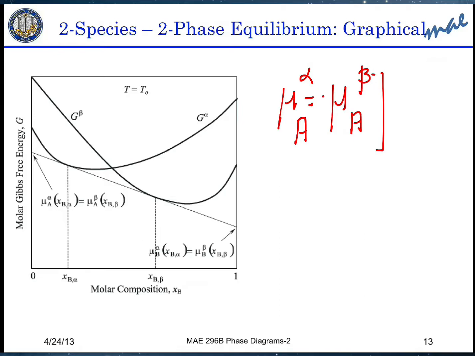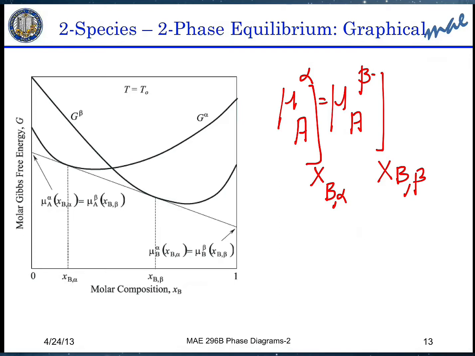So this is important to point out. Let me just write it down carefully. This is computed at the concentration, I'm going to call it XB in phase alpha, and this is computed at XB in phase beta. So at two different concentrations. That would be the equilibrium condition.